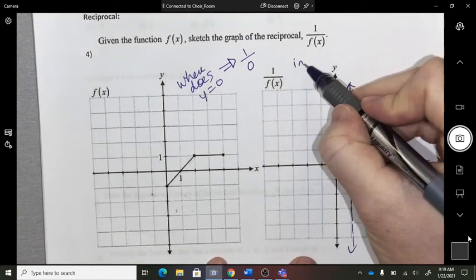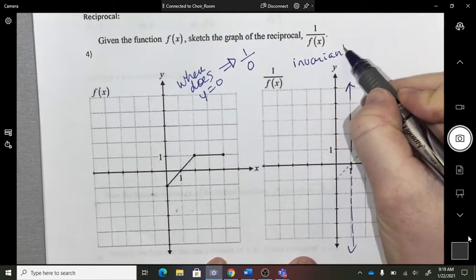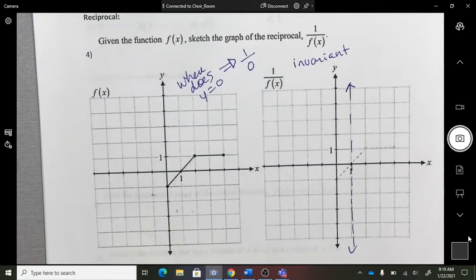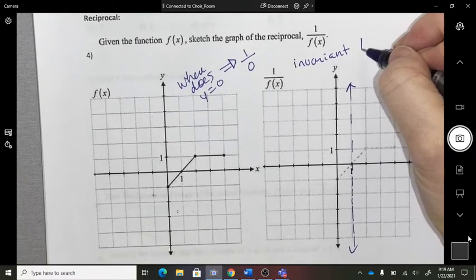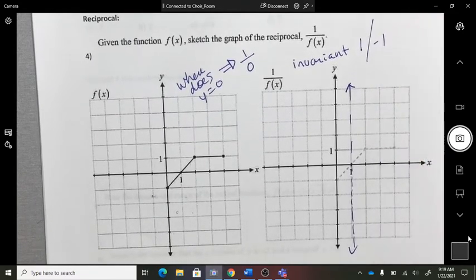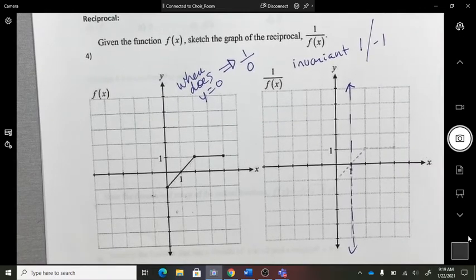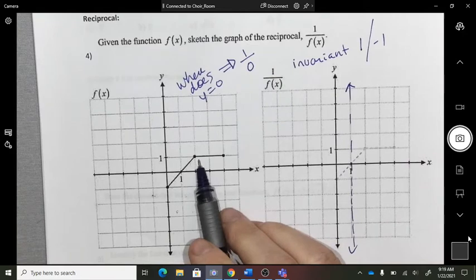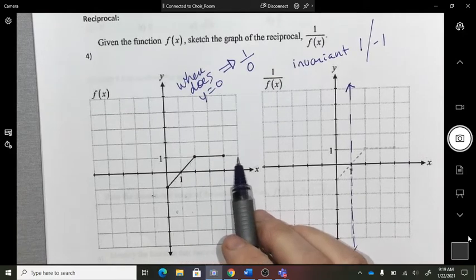Okay. Invariant. What kind of number doesn't change when you reciprocate it? One, negative 1, right? If you reciprocate 1, it's still 1. So actually, this whole piece right here is flat at 1.